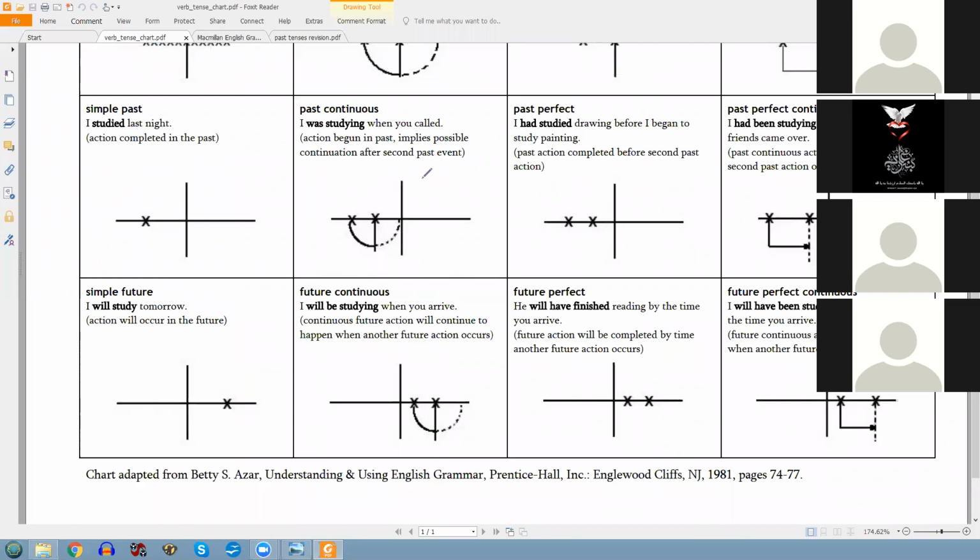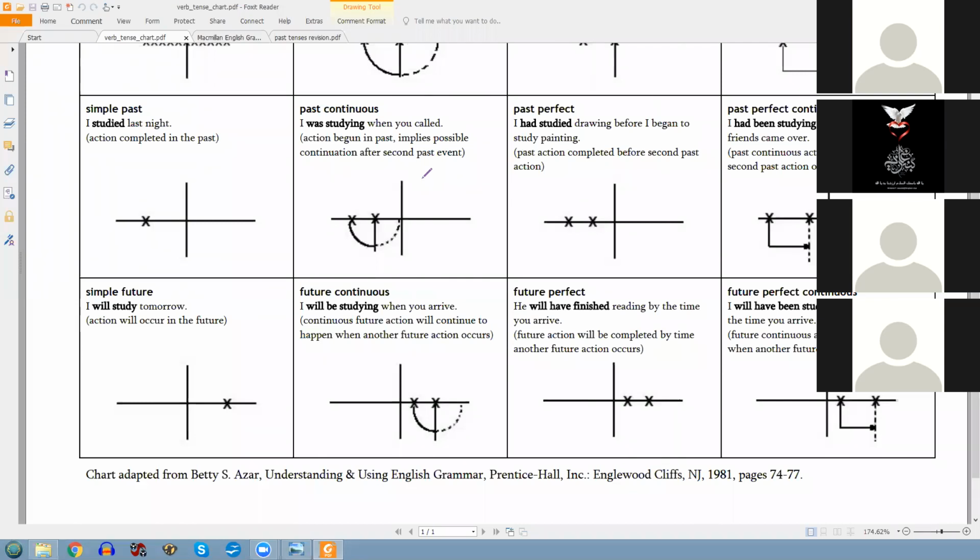Well, I don't know how to describe it. Well, so again, this may seem pretty easy stuff, but you'd be surprised. A lot of people don't know exactly. They might know the form of a tense, but they don't know exactly what its purpose is.